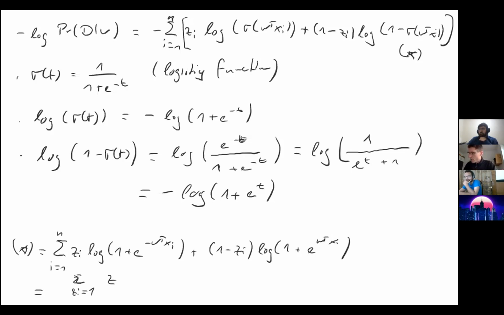Zi is 1, so I don't have to rewrite it again. So this is just the sum over zi is 1 of the logarithm of 1 plus e to the minus w transpose xi, plus, and here we sum over all zi equal to 0, where the leading term is 1, the logarithm of 1 plus e to the w transpose xi. Okay, so far so good.